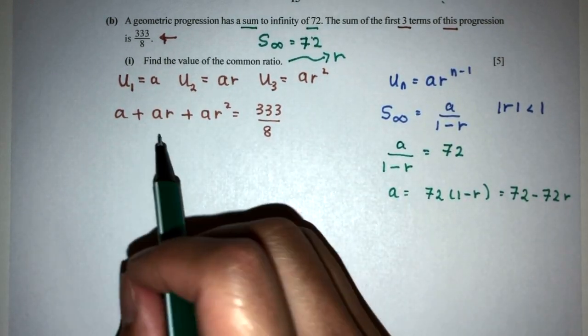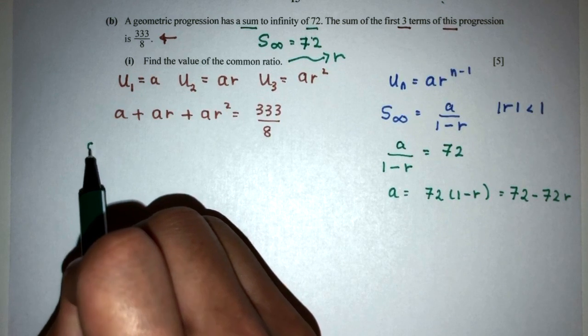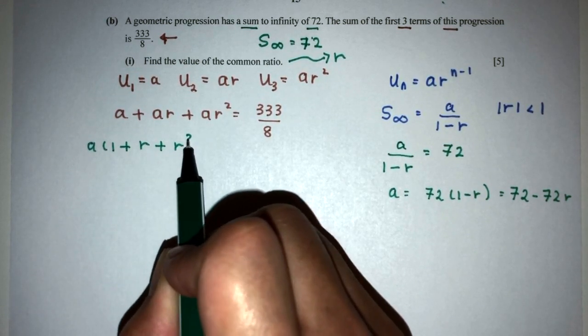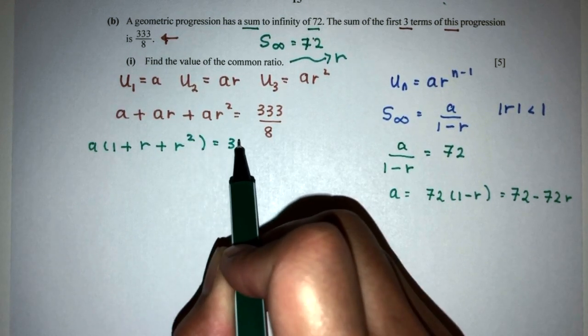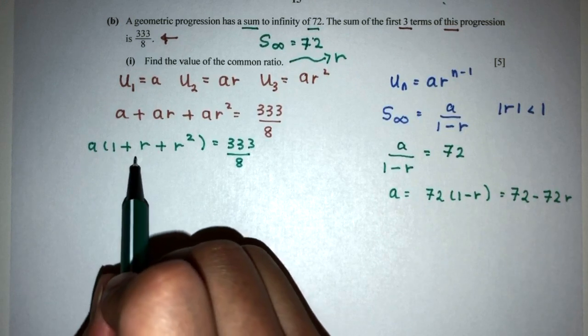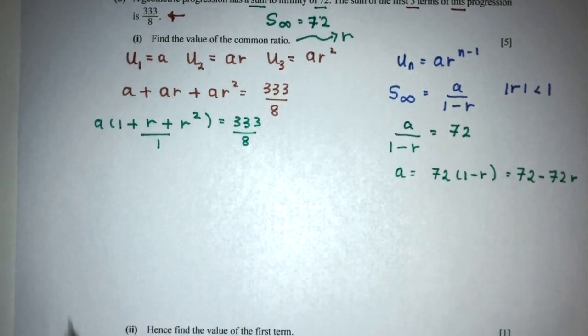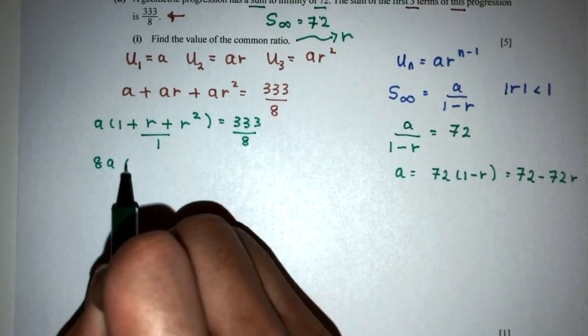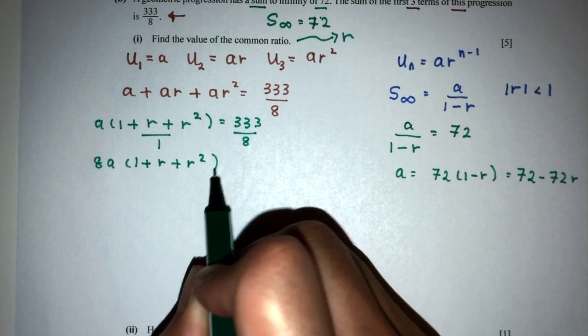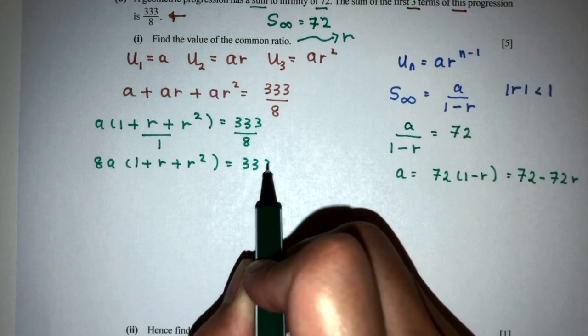So one thing I can do here is I can factorize the value of a. You will have a times 1 plus r plus r squared, 333 over 8. Now I can try to cross multiply. Right, you will have 8a times 1 plus r plus r squared is equal to 333. So let's see, let's replace and see what happens.